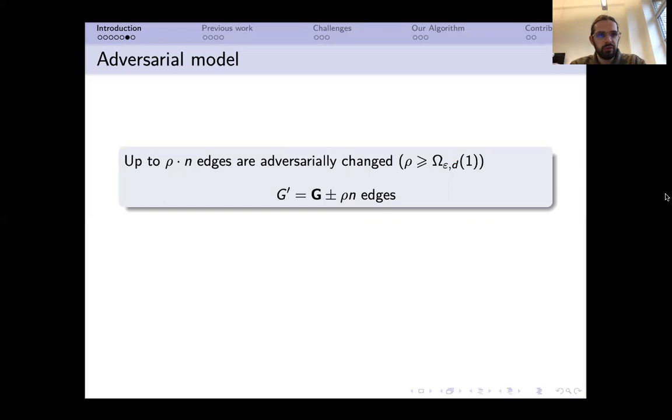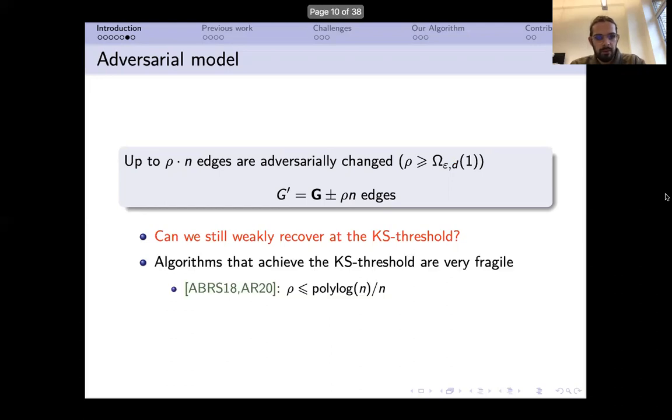So the adversary is allowed to change rho times n edges, where rho is some constant. And then we're given this perturbed graph G prime. What we want to understand is whether weak recovery is still possible at the threshold, whether the threshold changes, whether it changes only for efficient algorithms, and to answer these kinds of questions.